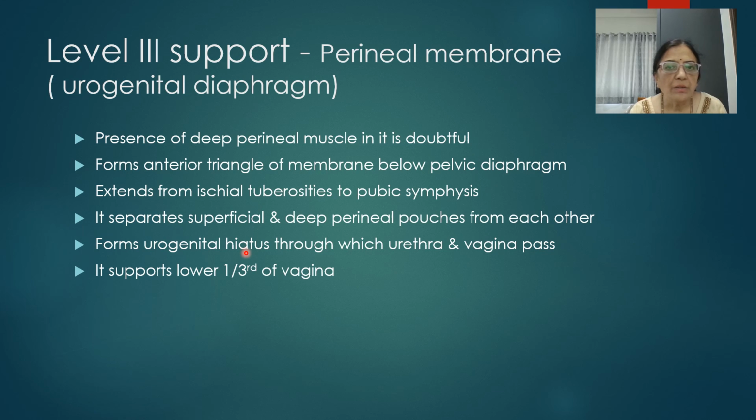Whereas this perineal membrane forms the urogenital hiatus through which the urethra and vagina pass. So it supports the lower one-third of the vagina, as well as providing important support to the urethra, which we will appreciate again when we learn about SUI, stress urinary incontinence. It also has an important function, as it supports the urethrovesical junction.